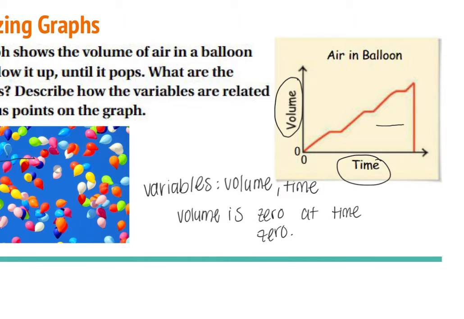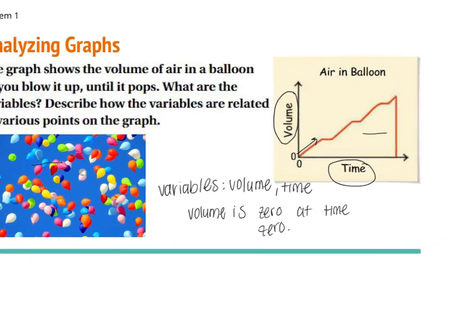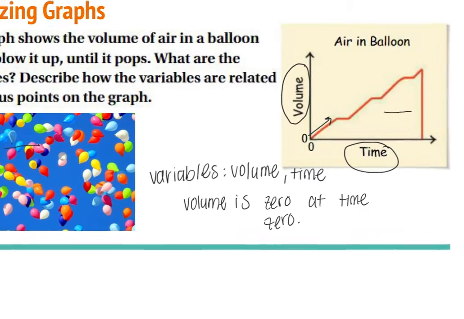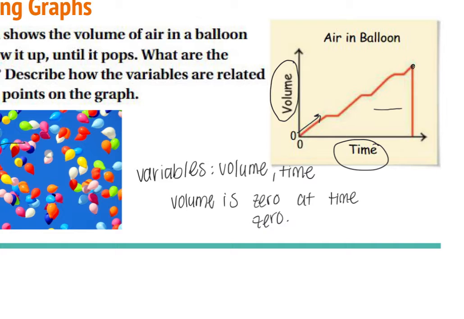And as time increases, it seems that volume is going up as well. And then it pauses, and goes up again, pauses, and goes up again, pauses, and it goes up finally, and then it goes all the way back down. So the volume goes from a very high point to a very low point.